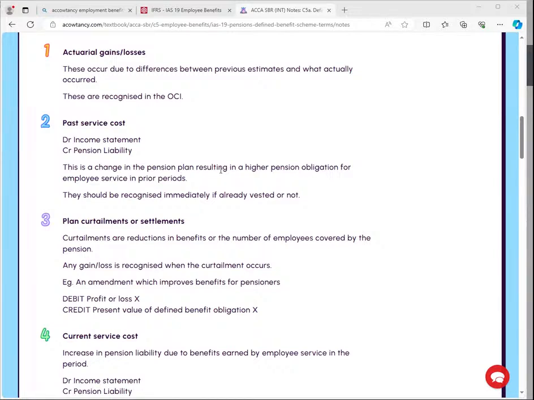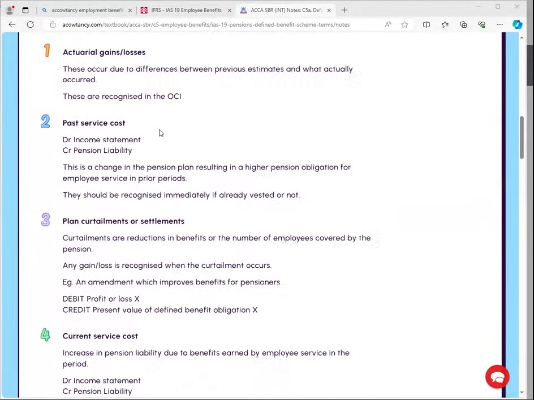It has reached a time when these people are being beaten so roughly by inflation, so you have to adjust something for them. They were earning 18,000 per month, like these old teachers. Add them even 3,000. So when you change this pension plan, it results in a higher pension obligation for employee service in prior periods.